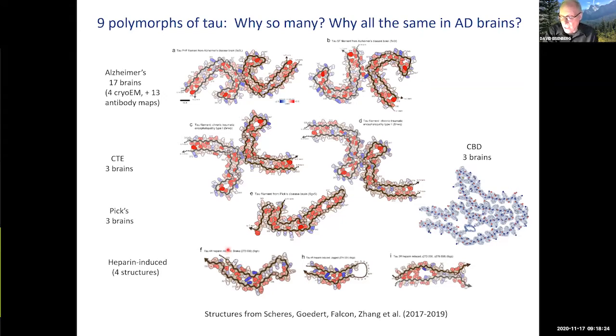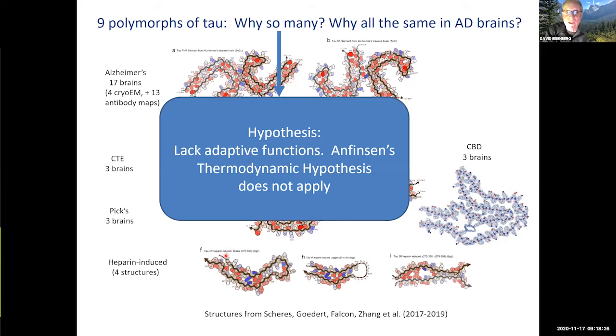Why are there so many? Well, our hypothesis is that these structures don't have adaptive functions. So they haven't been selected. They just happen. And Anfinsen's thermodynamic hypothesis doesn't apply. That is, evolution has not selected the sequence which always folds into the same structure.